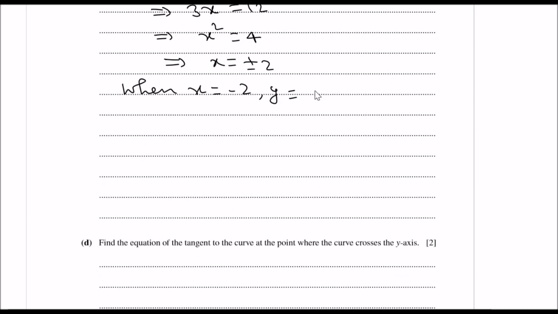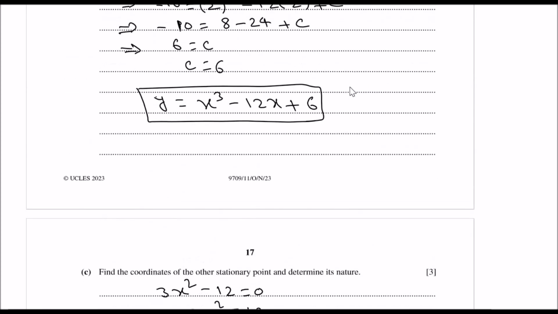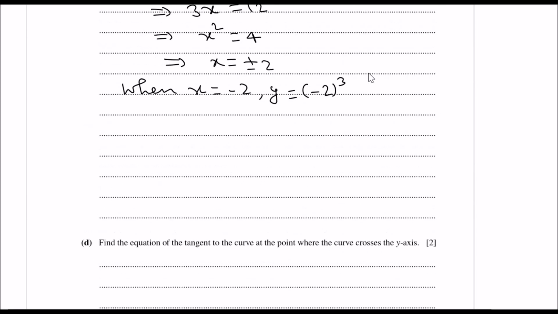So x cube means minus 2 cube, minus 12x we have, yeah, minus 12x. So minus 12 times minus 2 plus 6.